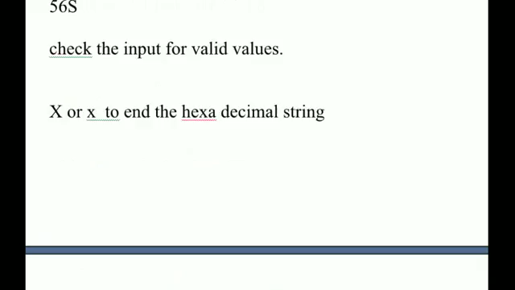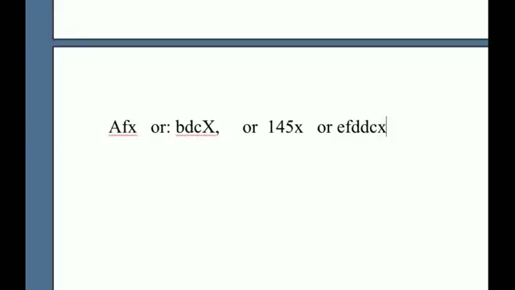So a valid input will look like this: AFX or BDCX or 145X or EFDDCX. Okay, so this is a valid input.